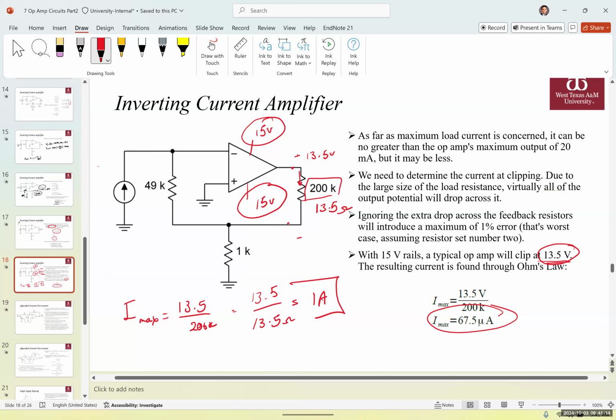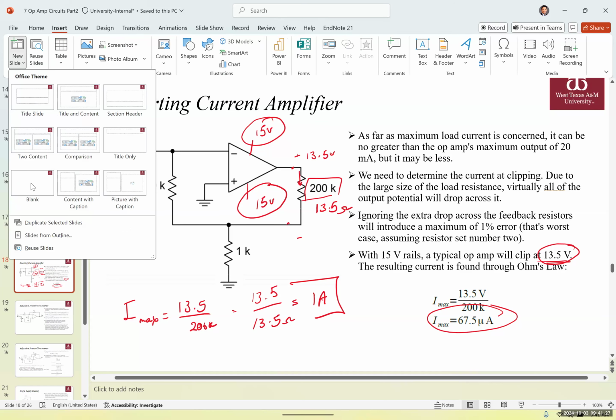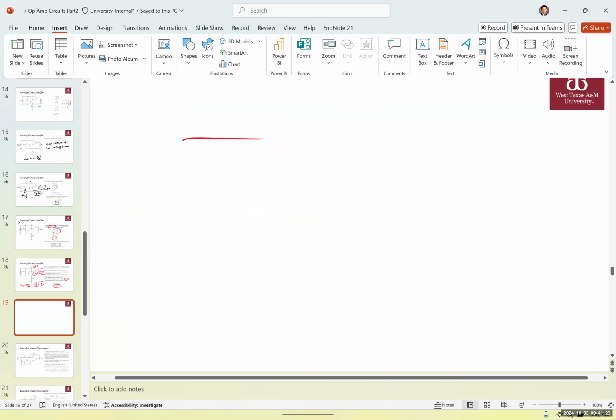Okay, so do you want me to solve another one of these, one example? Okay, so imagine that we have the same inverting current amplifier. This is positive, this is negative.